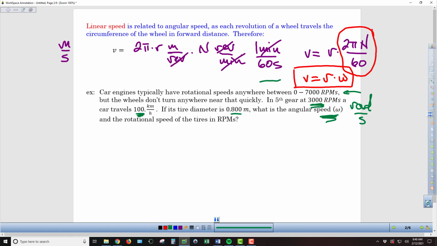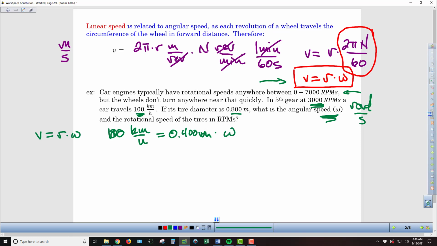So we'll start with the equation that we just defined for ourselves. So we've got V equals R times omega. So we've got our velocity is 100 kilometers per hour. And then that's equal to, remember, it's the radius that we need, so 0.400 meters times omega.